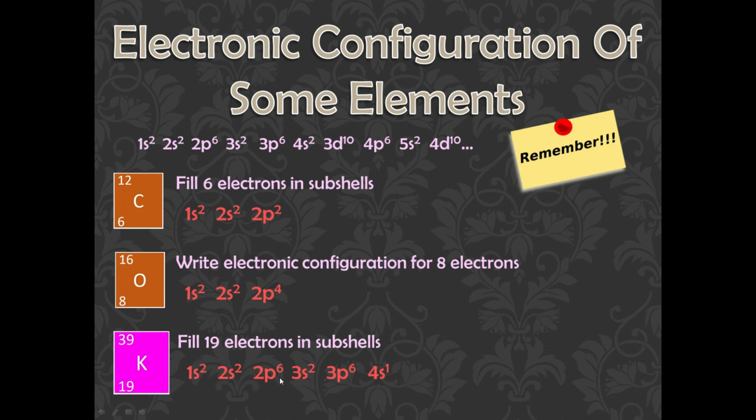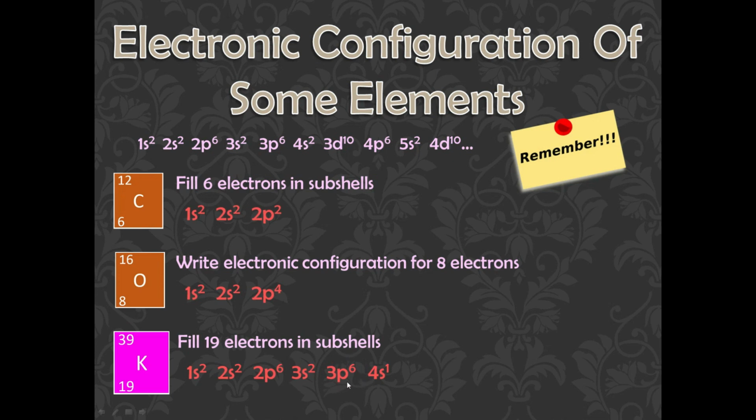Now we have to fill 9 more electrons. So after 2p, 3s is written in this sequence, which can hold only 2 electrons. So we have written 3s2 here. Now we have filled 12 electrons. We have to fill 7 more electrons. So after 3s is 3p, which can hold 6 electrons. So we have written 3p6. Till here we have filled 16 electrons.